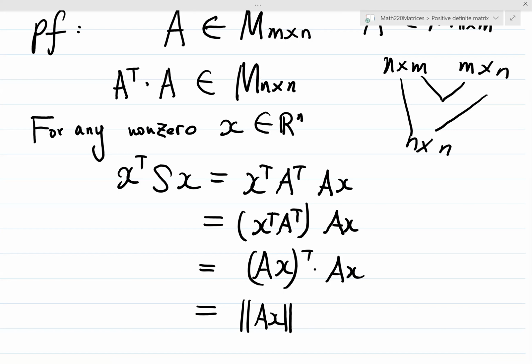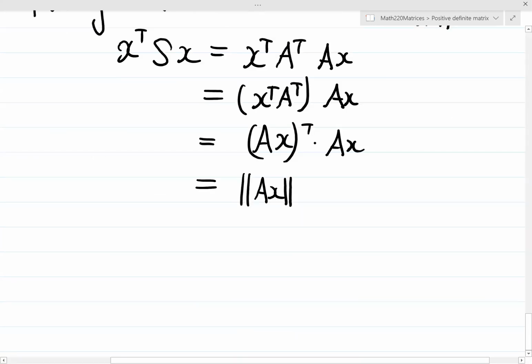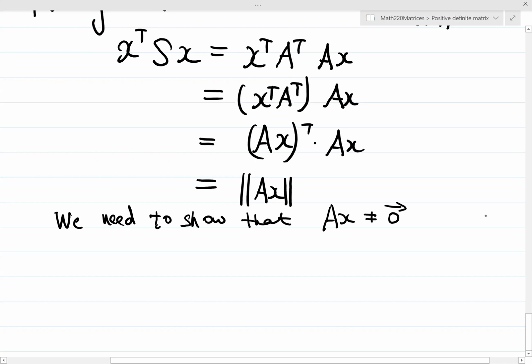Now the question is why this is non-zero. We want the quantity to be positive. The norm is non-negative, but we need to make sure that it is not zero. So the only thing we need to show is that Ax is a non-zero vector for x a non-zero vector.